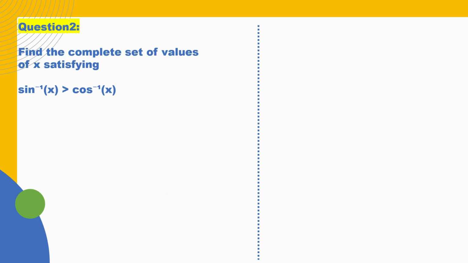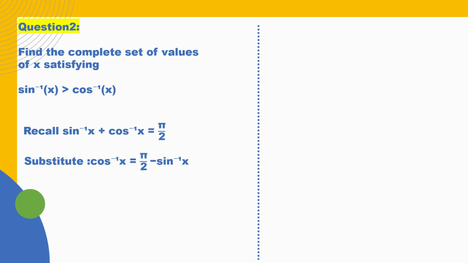Find the complete set of values of x satisfying sine inverse of x greater than cos inverse of x. So before solving this expression, we should know the identity that we have discussed in part 1, which is sine inverse of x plus cos inverse of x equals pi/2. So now let's substitute cos inverse of x equals pi/2 minus sine inverse of x.